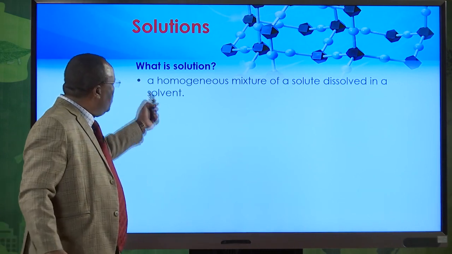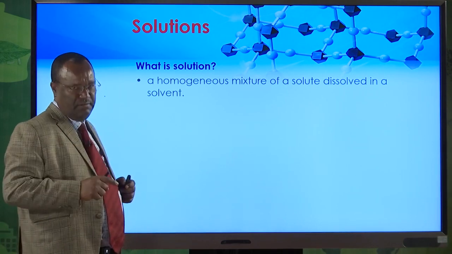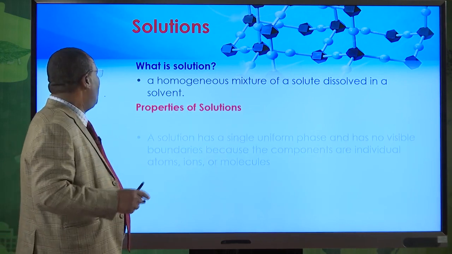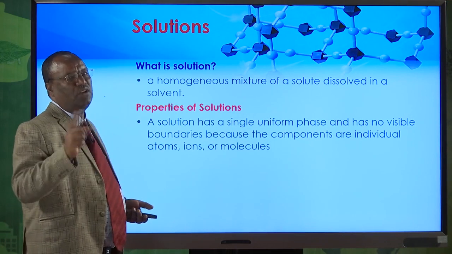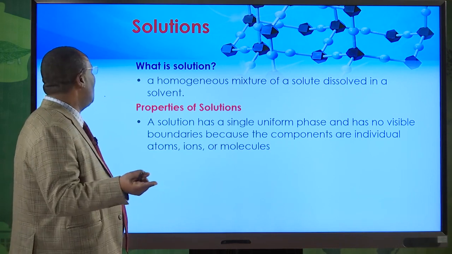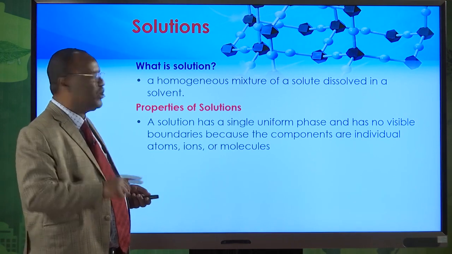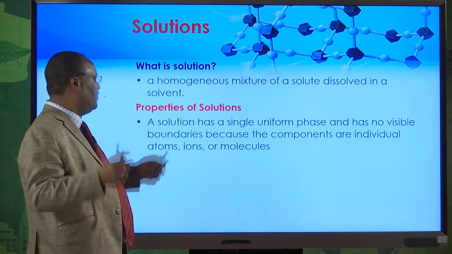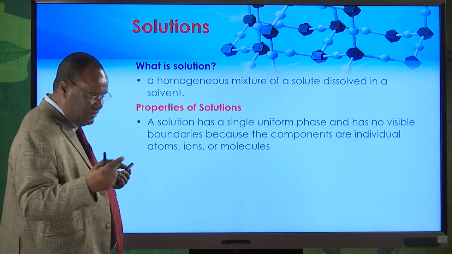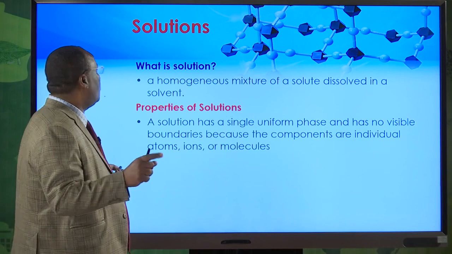Solution is another kind of mixture. What kind of mixture is it? It is a homogeneous mixture: solid dissolved in a solvent. What makes it different from suspension? A solution has a single uniform phase and has no visible boundaries. You cannot see the solid particles in solutions. The components are individual atoms, ions, or molecules distributed uniformly throughout the solvent.